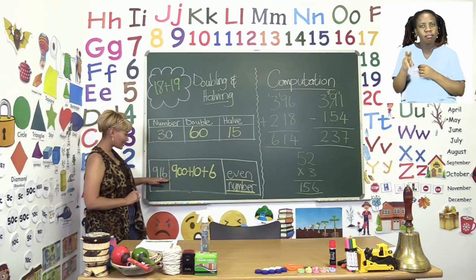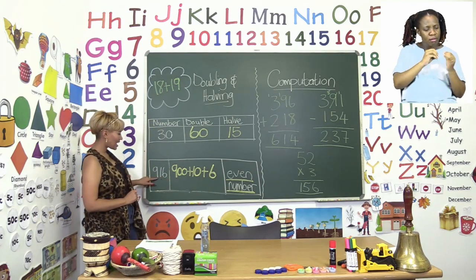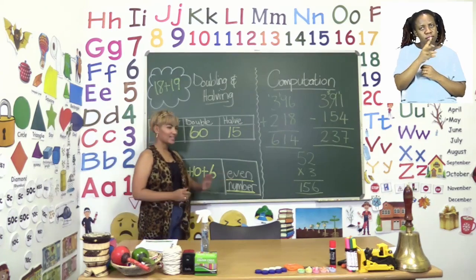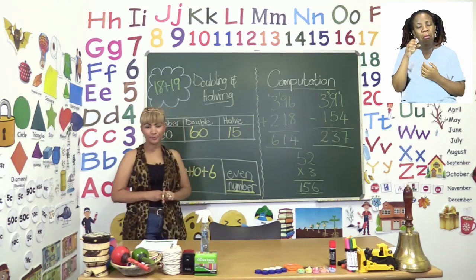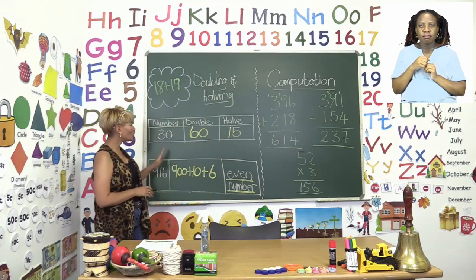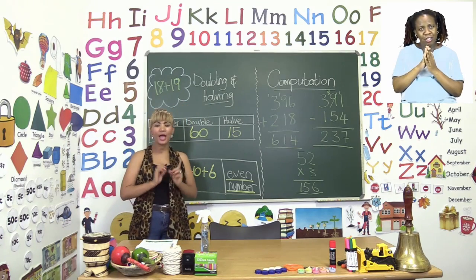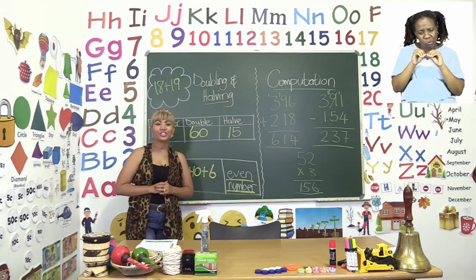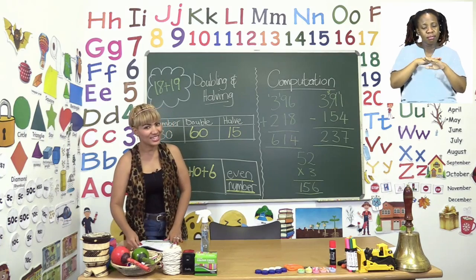And then we look at the number, and then you will see 916 is an even number. Now boys and girls, I want you to go back and have a good look at your examples one more time before you continue to finish the rest of the tables.